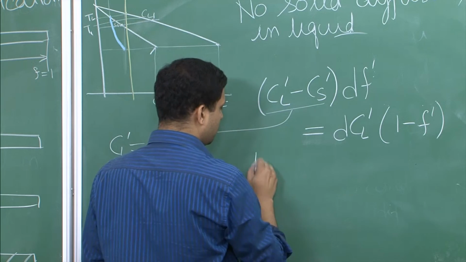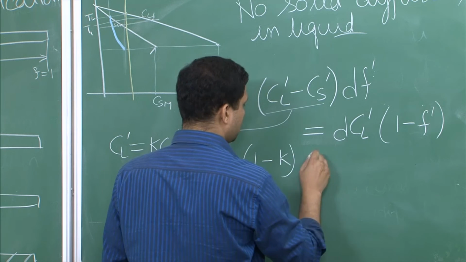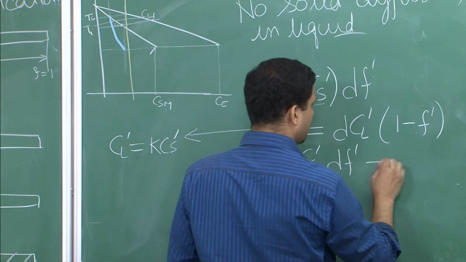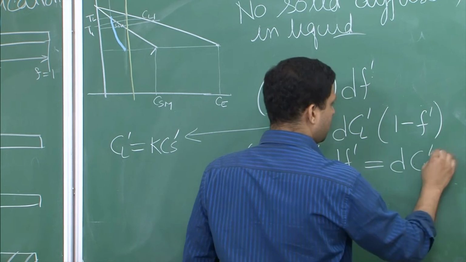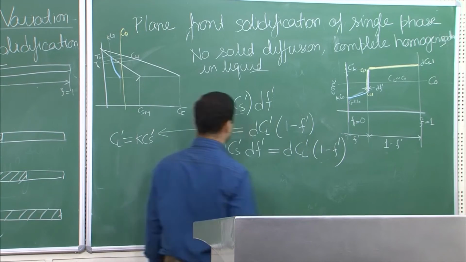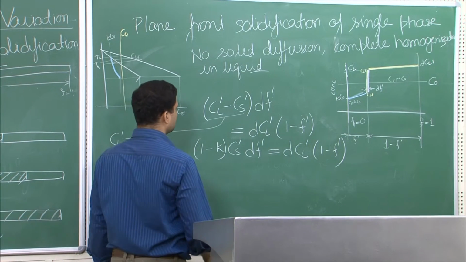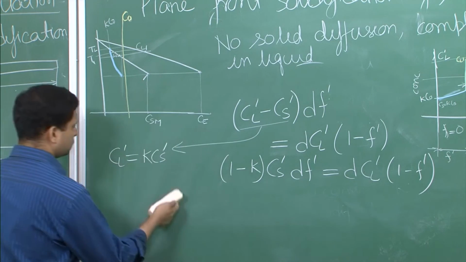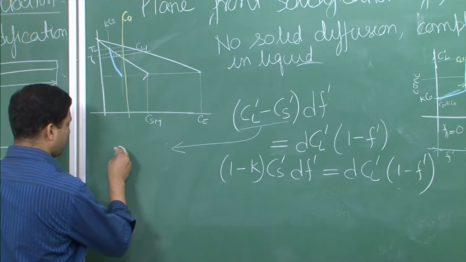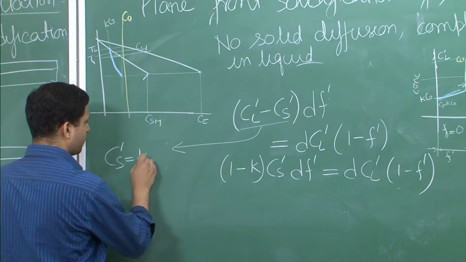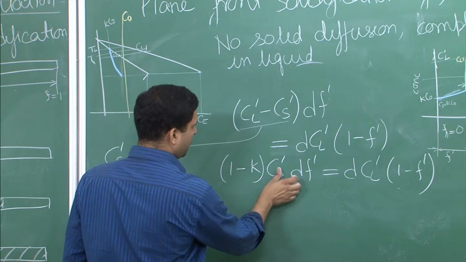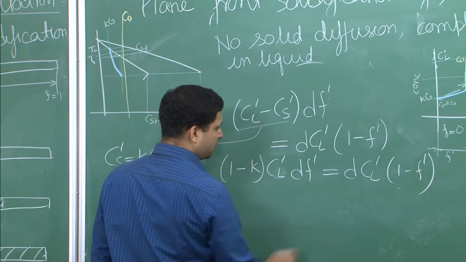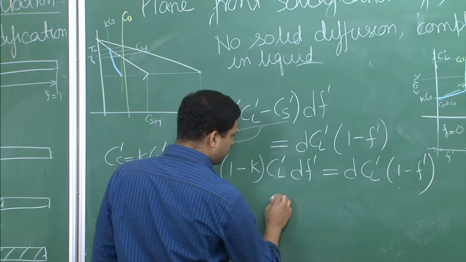Therefore this becomes 1 minus k Cs prime df prime equal to dCl. Sorry, Cs is equal to kCl. Therefore this is Cl. So now we will put the Cl terms together.